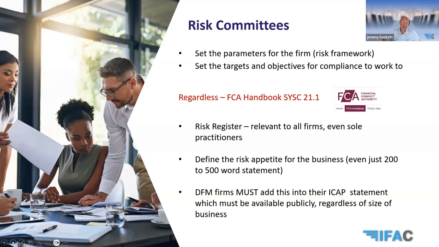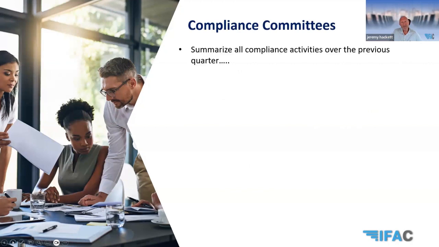Now, it needn't be war and peace. It could just be one side of A4 in bullet point format. That's absolutely fine, but we must have one of those in place. And of course, if you've got DFM permissions, that must have been added into your IFAC statement anyway, which has to be available generally, regardless of the size of your business. So this isn't something that's new to us, is it?